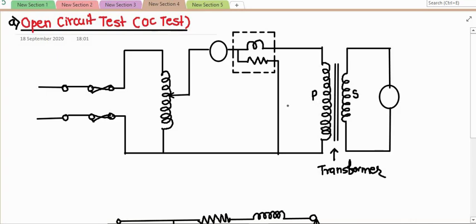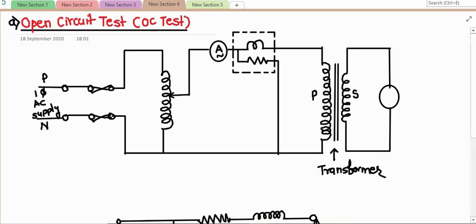In the OC test, the primary of your transformer is connected across a suitable AC supply. So this is your AC supply, with phase and neutral. This is your suitable single phase AC supply. The primary of this transformer is connected across the AC supply through one ammeter. This is your AC ammeter.